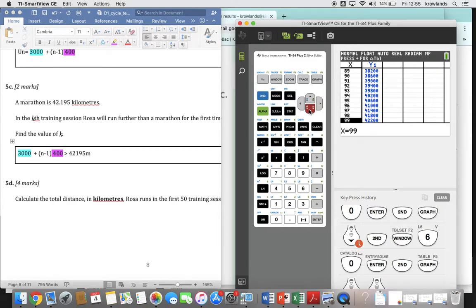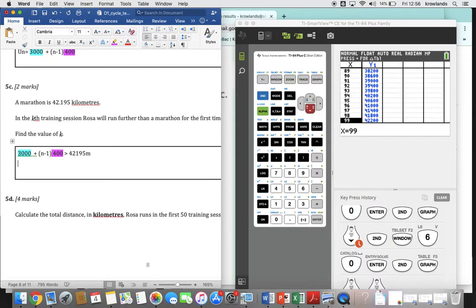But actually I'm coming up to the answer now. So when n, or in this instance x, is equal to 99, the y, or the distance she's run, is 42,200. So I'm going to write a sentence so you can understand this.